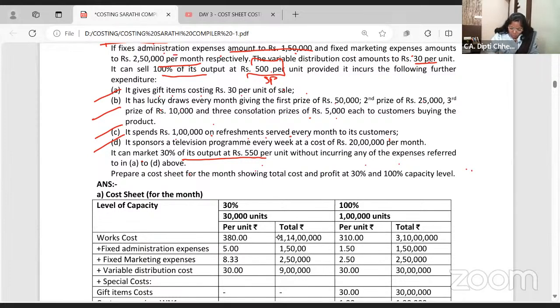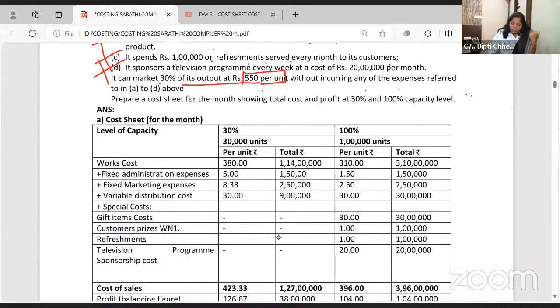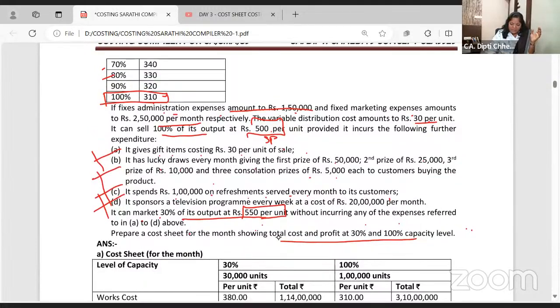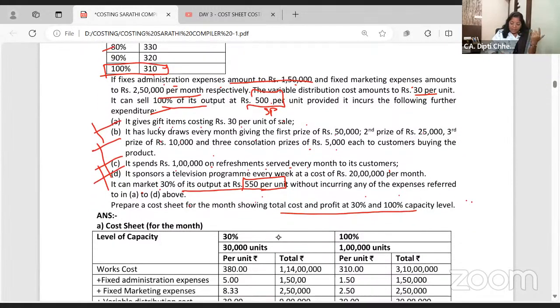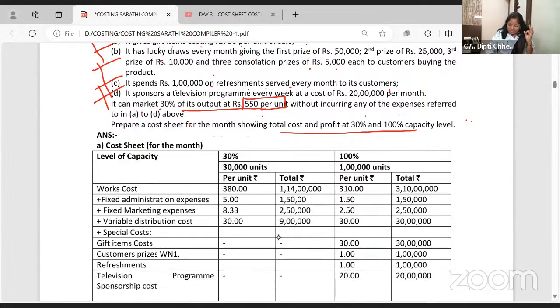So if you are operating at 30%, you are selling it at 550, but you are not incurring these expenses. हाँ, जो रूटीन वर्क्स कॉस्ट होगा ये सब तो होगा. ठीक है. Now, can you prepare a cost sheet at 30% and 100%? Yes. 30% all routine expense still here. By 100% additional expense. So is the cost sheet the same?